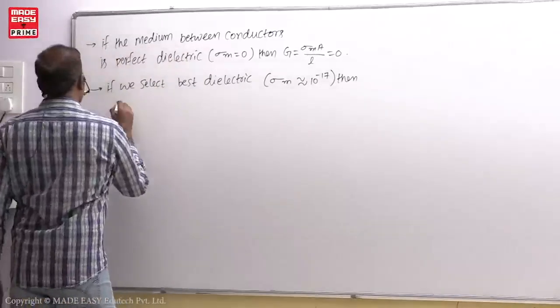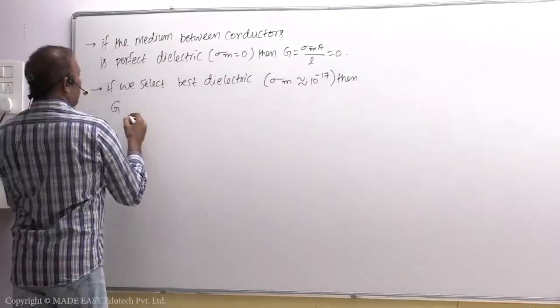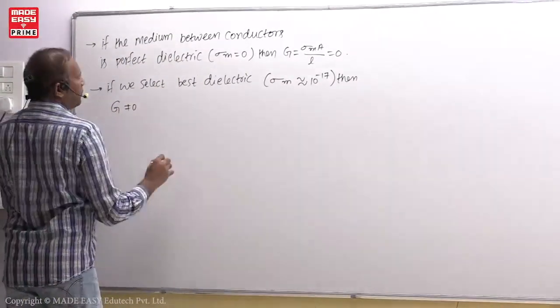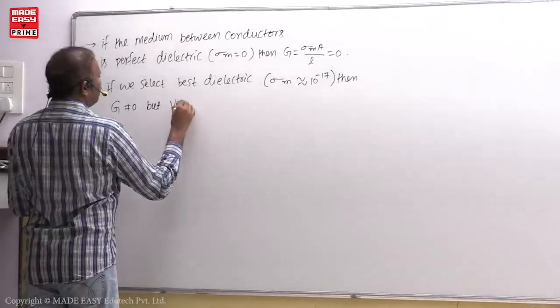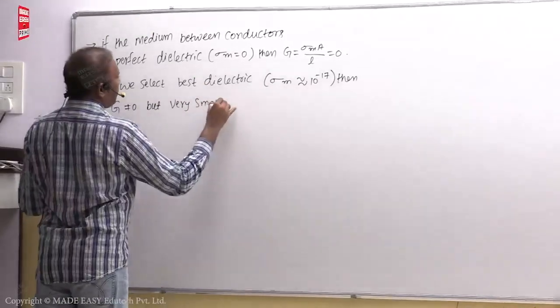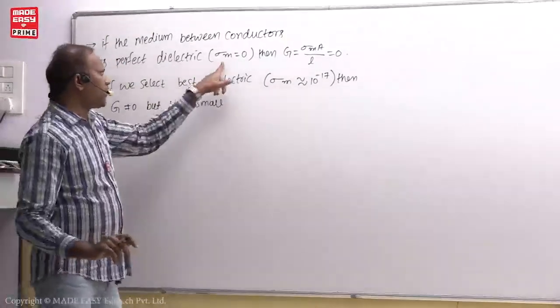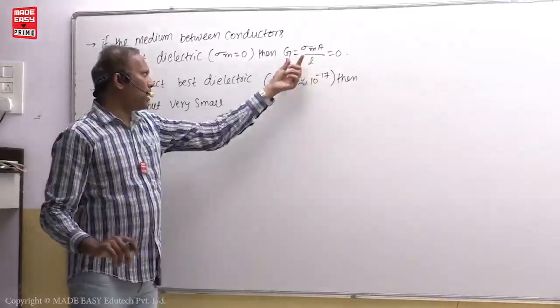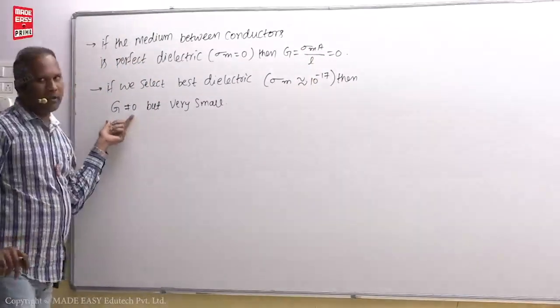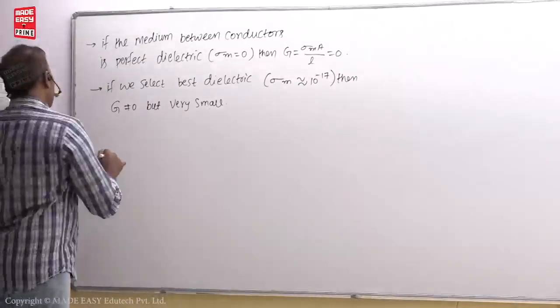Then G is not 0 but very small, because if sigma is 0, G is 0, but if sigma is very small, then G is not 0 but very small.